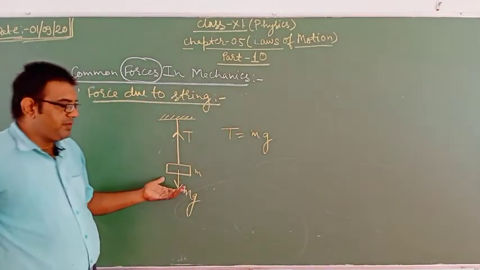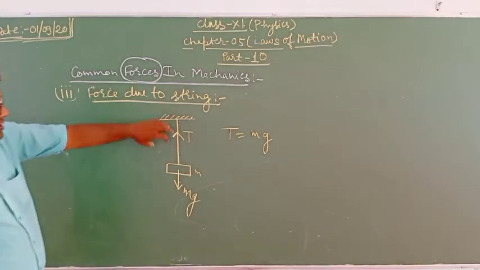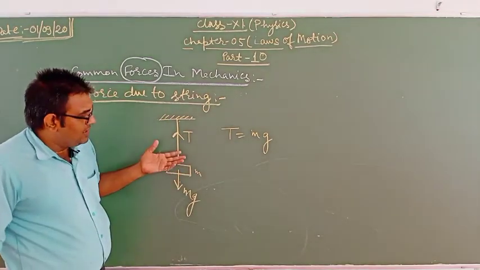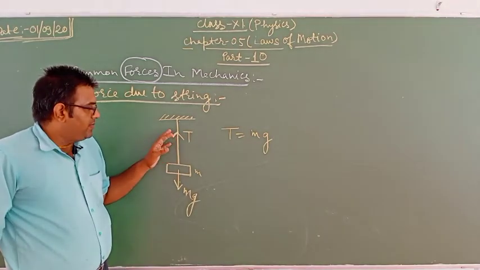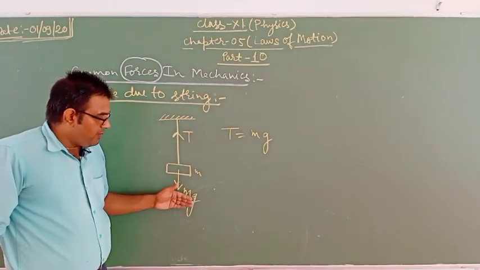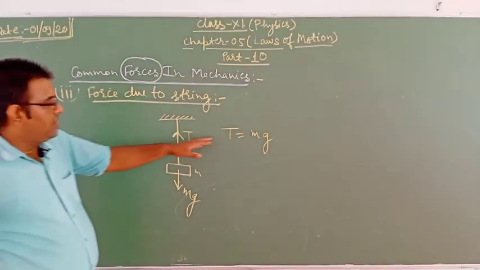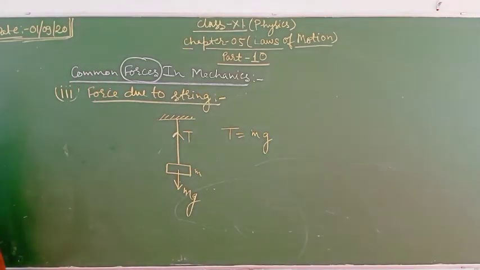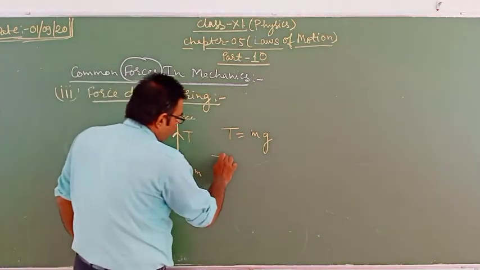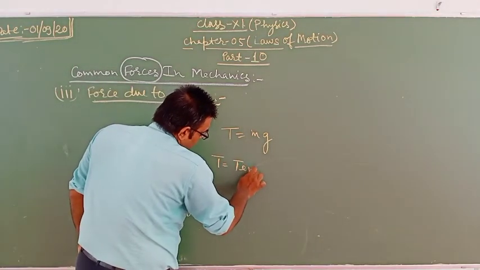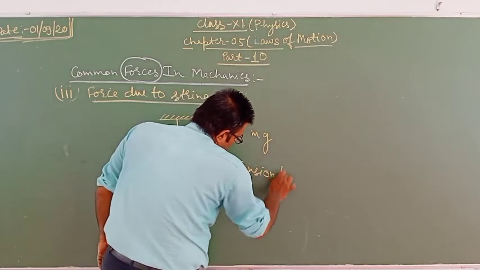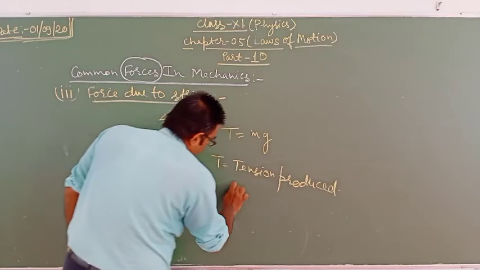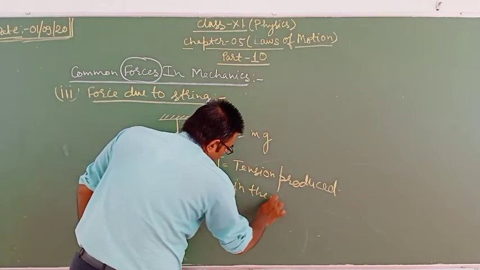If the mass m is tied with this string and is at rest, then the tension produced in the string counterbalances its weight in such a way that T is equal to mg, where T is the tension produced in the system.